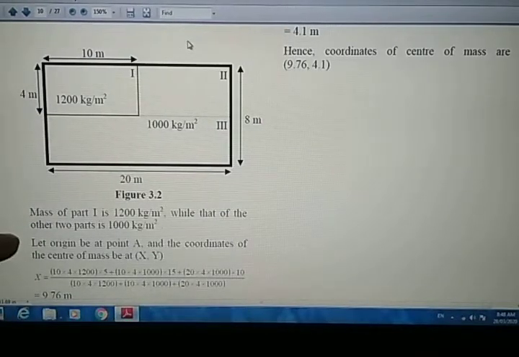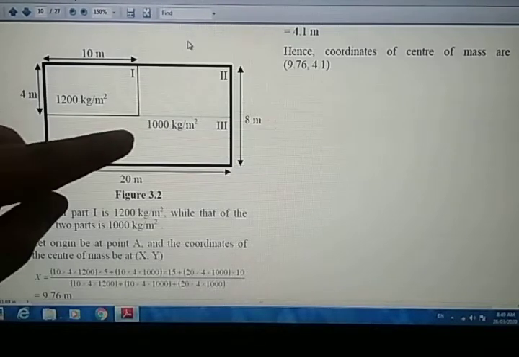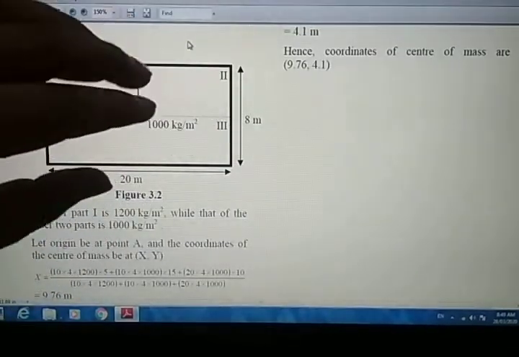Suppose the origin be at any point A. We can't say where this point exists, but we assume our origin at this point, and the center of mass will lie anywhere in this section.